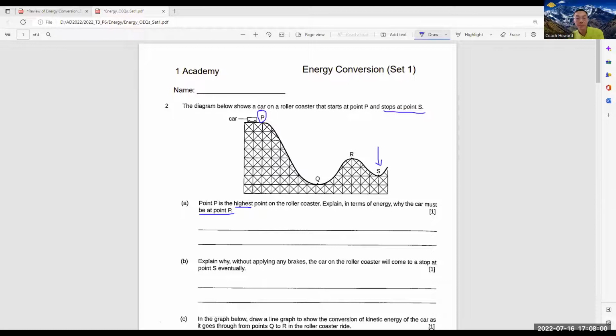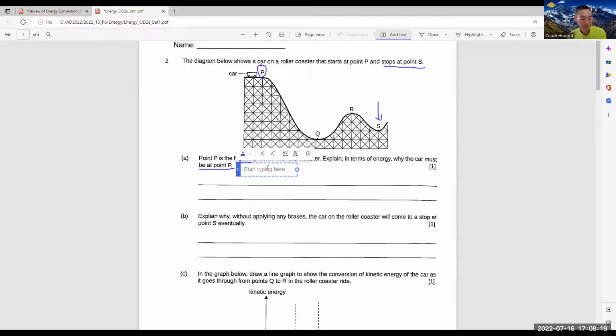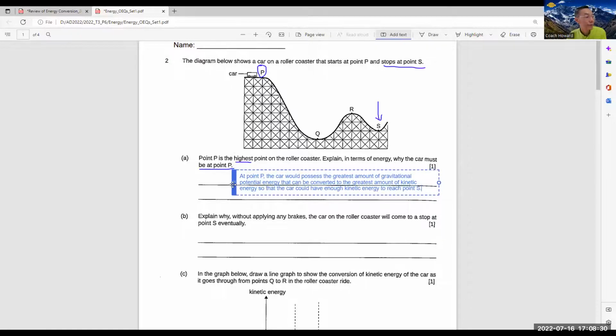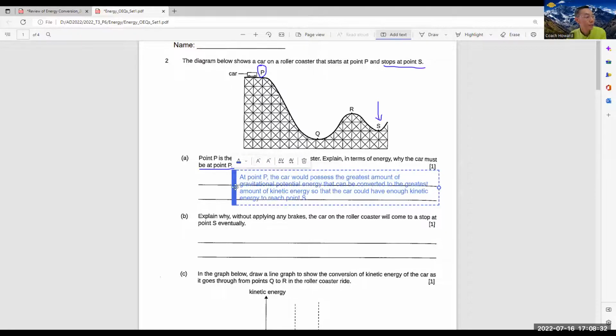So you must tell me at point P, the car would have the greatest amount of what? And then this greatest amount of what will be converted to what? Okay. So your answers should be something like this. Let me put it here. Okay, let me enlarge it a little bit.